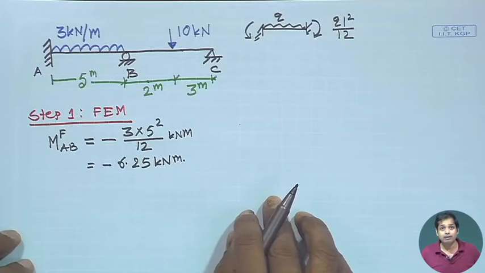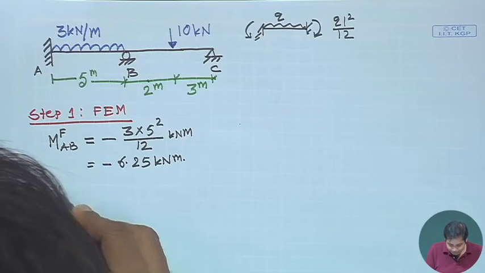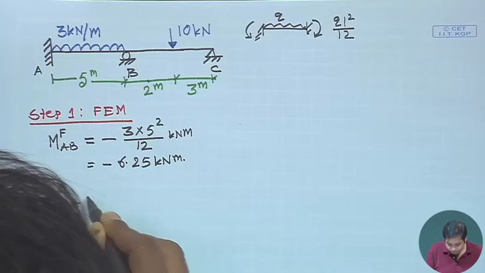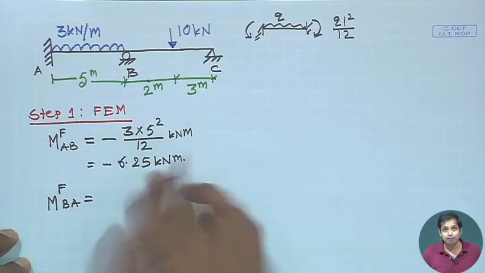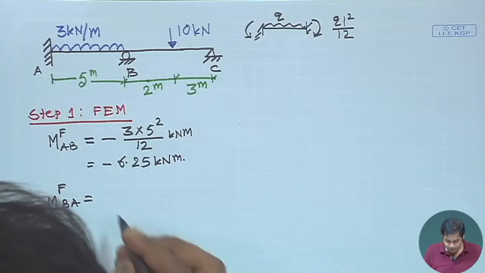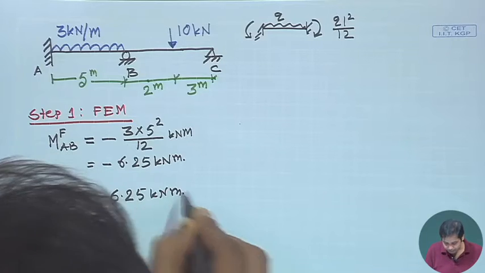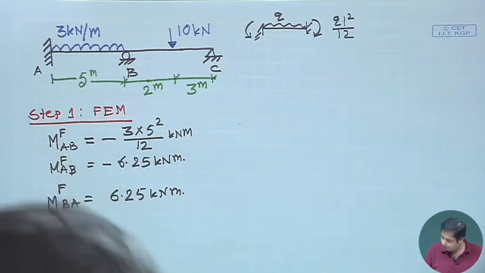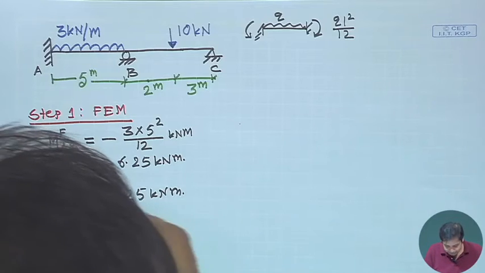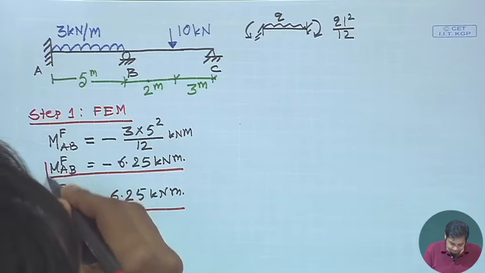Similarly, M_BA fixed will also be q L square by 12, but with a positive sign because it is clockwise, so it becomes 6.25 kilonewton meter.